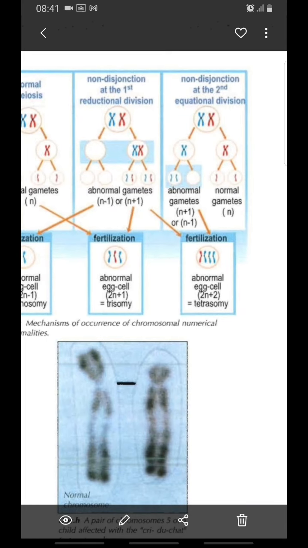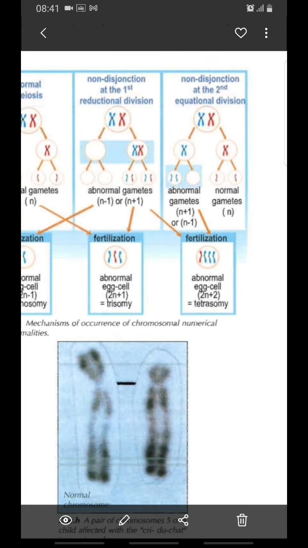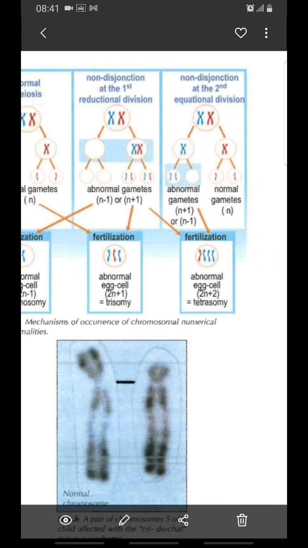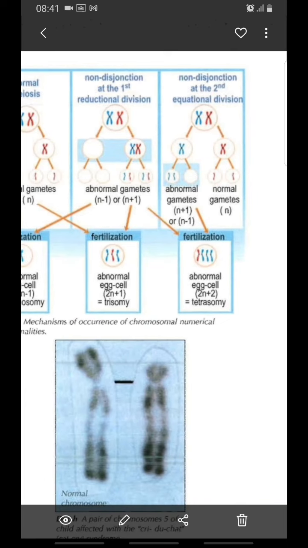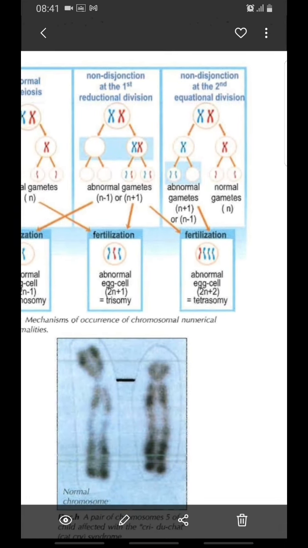The homologous chromosomes are separated correctly, but the sister chromatids aren't. So I have only 2 normal gametes and 2 abnormal gametes, one with an extra chromosome and one with a loss of 1 chromosome.